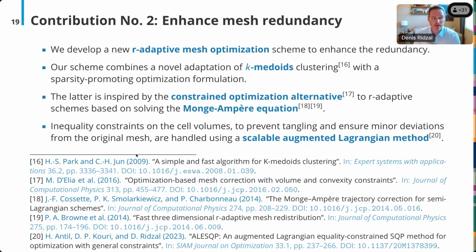We will have to contend with inequality constraints on the cell volumes to prevent tangling and to ensure mesh quality. And those inequality constraints will be handled using an augmented Lagrangian method, which also scales. And this was published recently in SIAM Journal of Optimization.